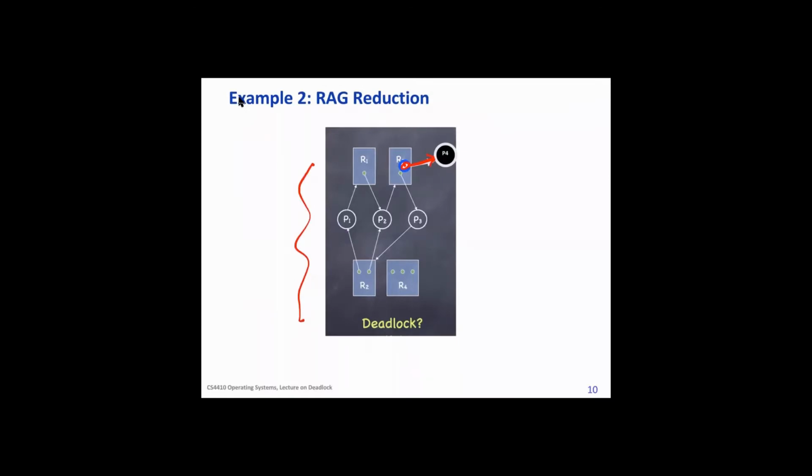But is it in deadlock? No, it is not in deadlock, because the moment this releases, the resource becomes available and can be taken up by P2 and so on. That's the reason we say these conditions are necessary but not always sufficient. There may always be cases wherein these conditions are satisfied, yet the system is not in a deadlock state.